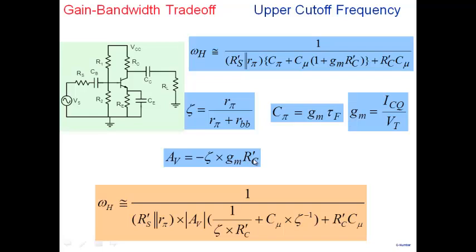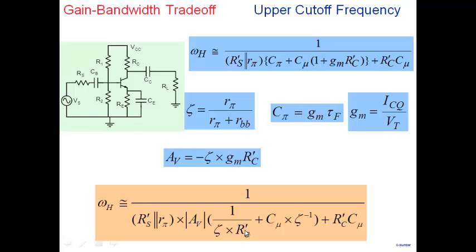If you do that, if you increase RC, yes, this particular term increases, but we said the contribution of this term is not that large. So if you increase RC, your gain will increase, and omega h may not change that much, except that please keep in mind that the effect of RC is not simply here and here that you see here.